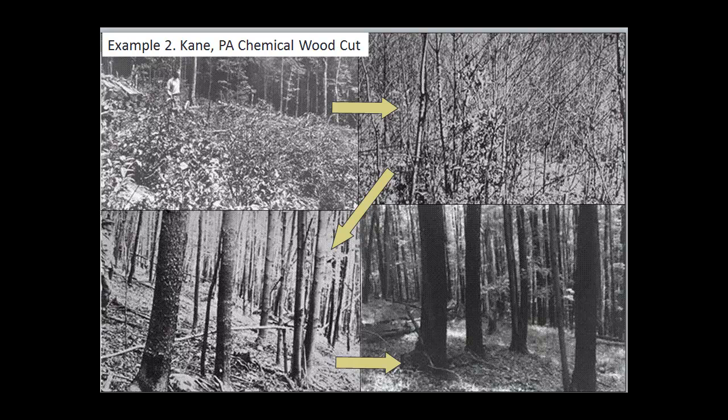The strata in the upper left-hand corner is very low. The strata in the upper right-hand corner is still relatively low, less than 20 feet. In the lower left-hand corner, we can see that the lower strata has disappeared, and we now have an upper canopy that has developed.